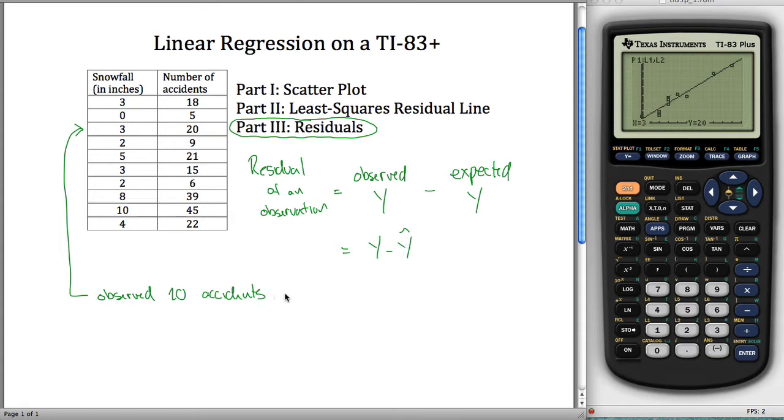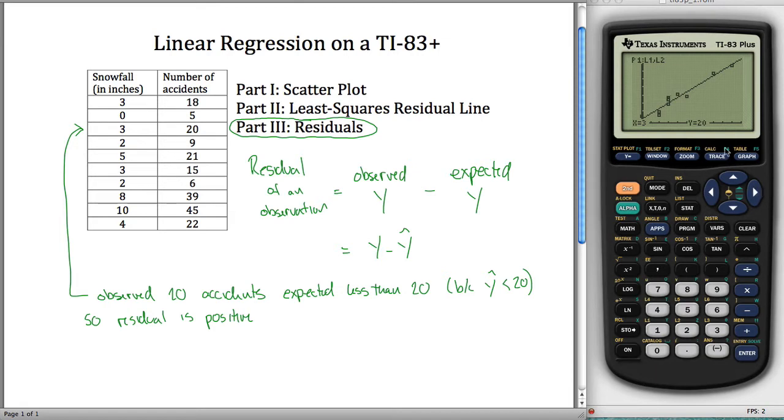Observed 20 accidents, expected less than 20, so my residual is positive for this observation.